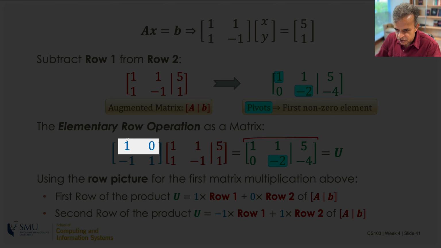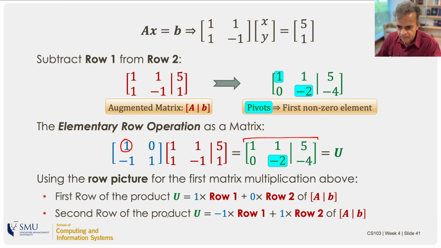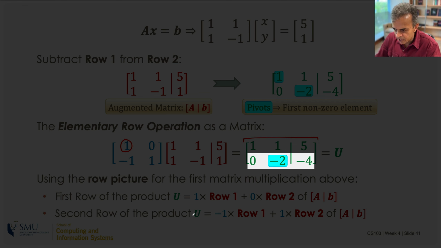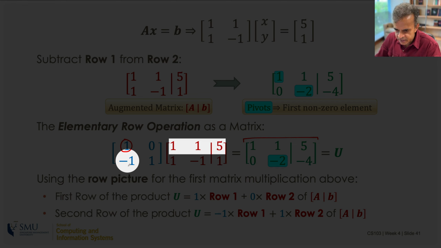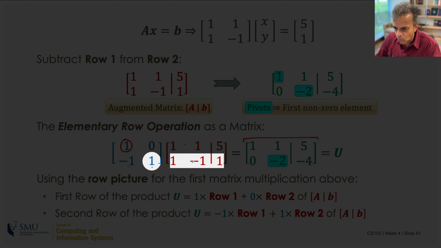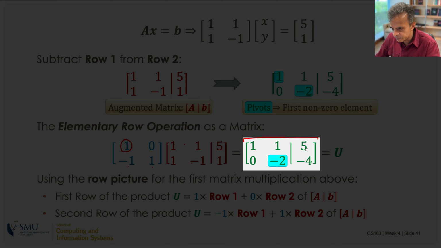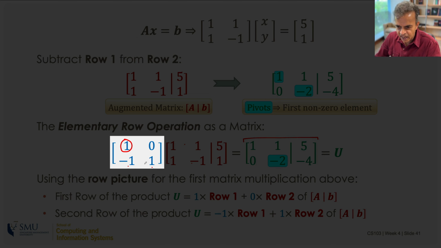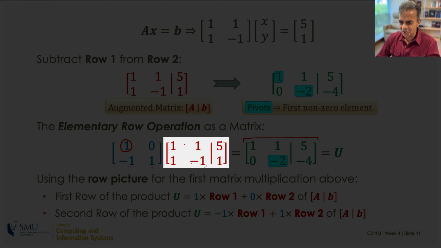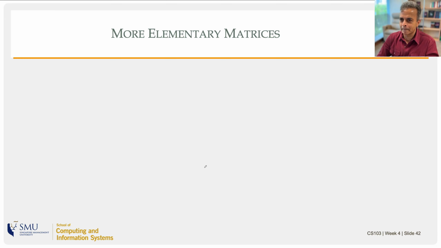So that is just 1 here. The second row of the product is minus 1 times the first row plus 1 times the second row. So that is using the row picture. So I do get this matrix by applying that blue elementary operator on my red matrix.